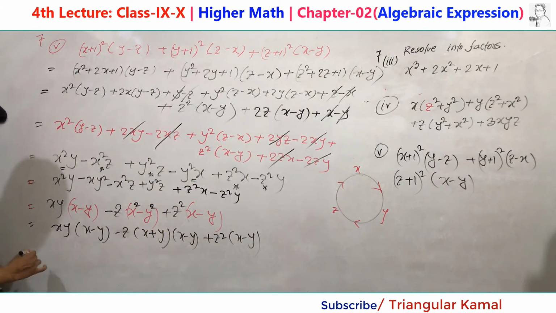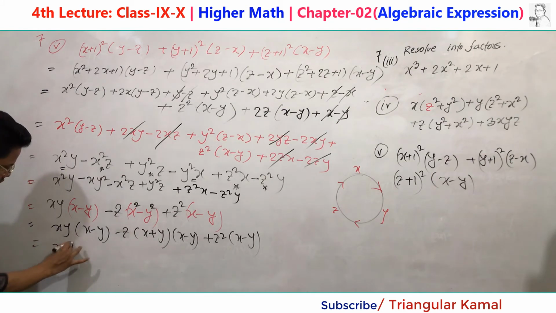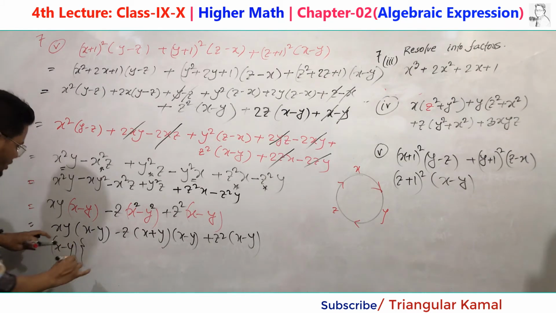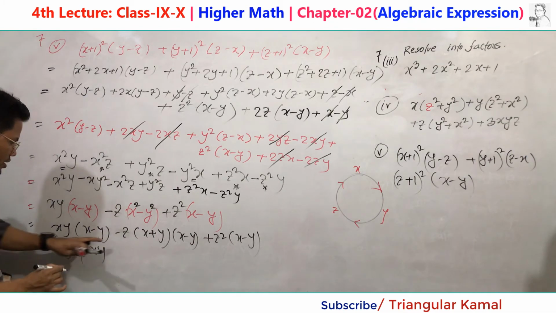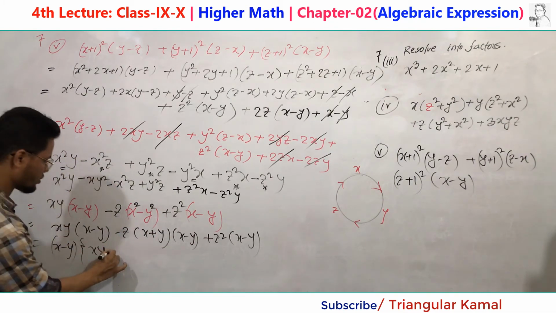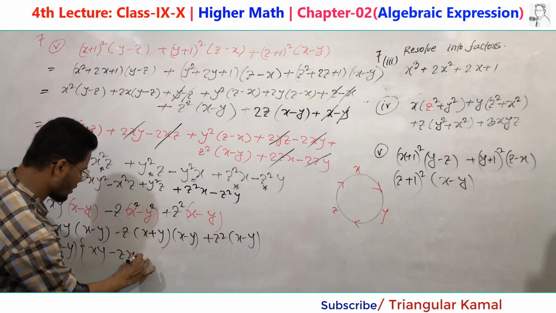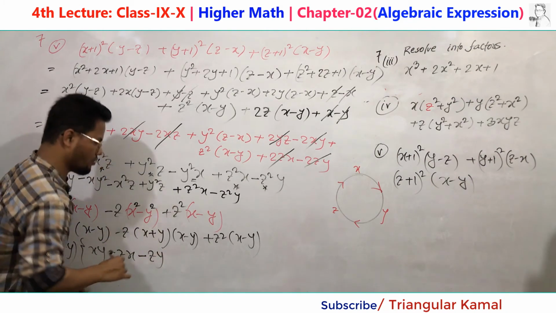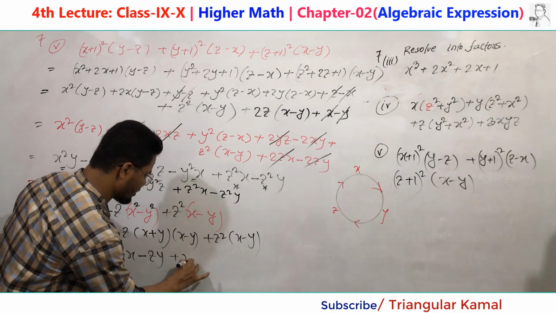Now which part is common? X minus y is common. The remaining here is xy, here z multiplied with x plus y, so minus zx minus zy remaining, and here only z square.